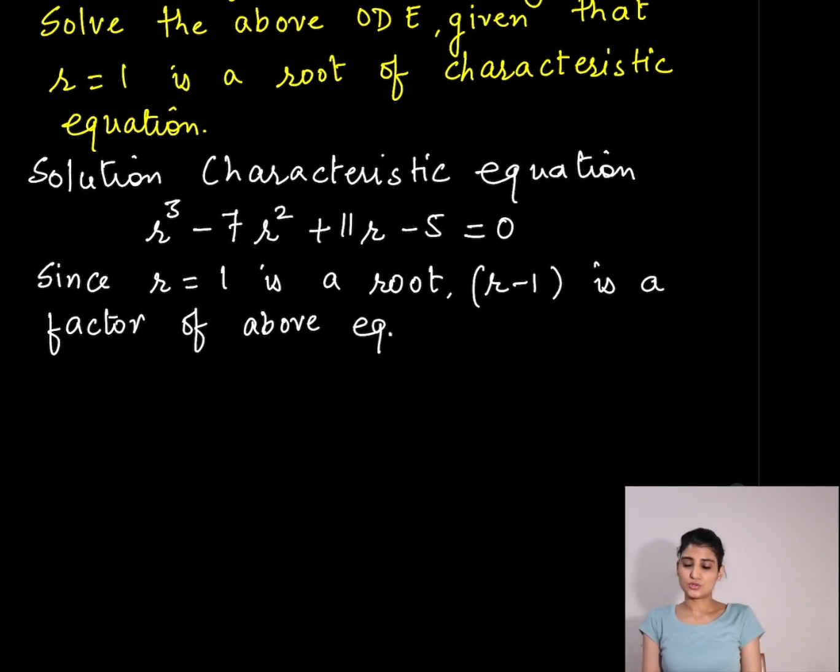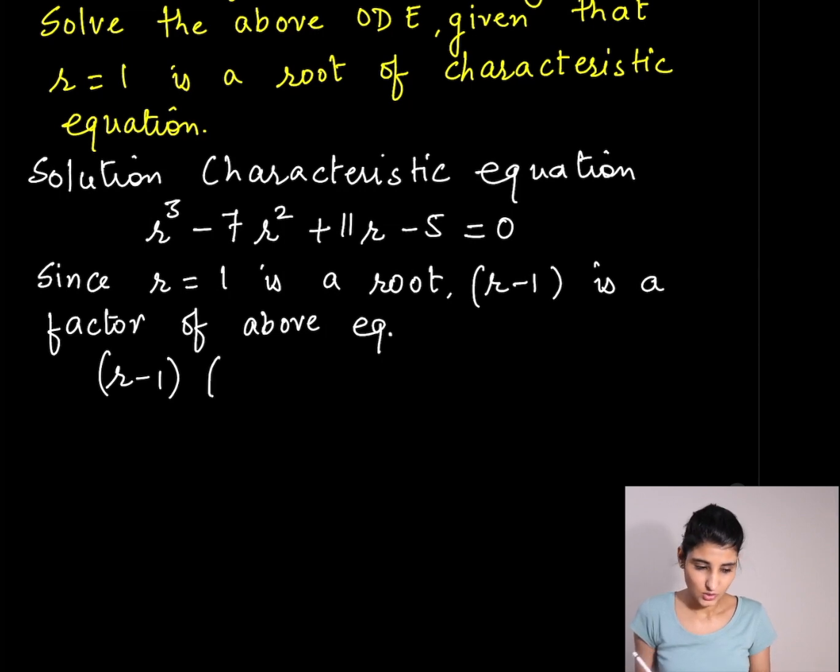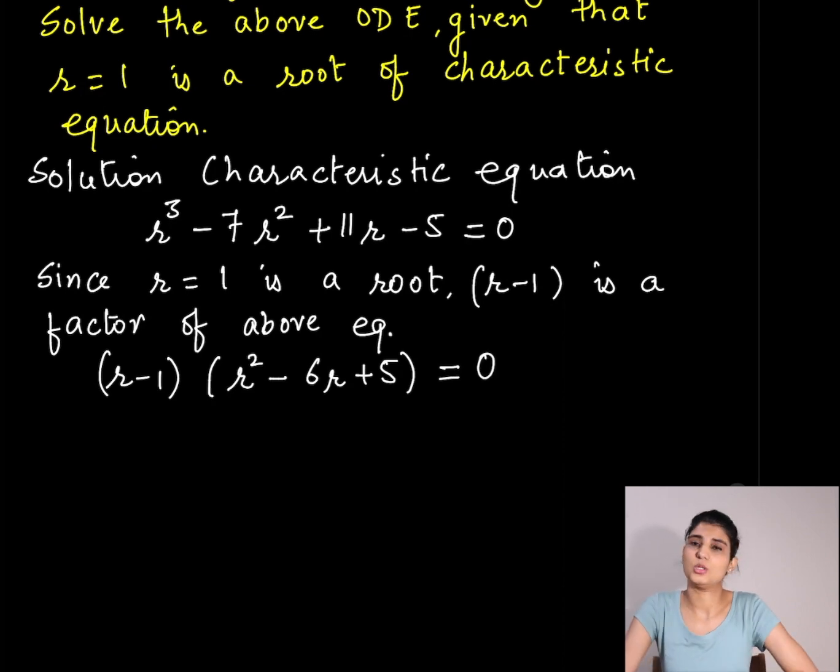So what you are going to do is, you are going to divide the equation by r minus 1. You can use long division, and the quotient is going to be your factor. So if you divide by using the long division, you will see that your quotient is going to be r square minus 6r plus 5. This is going to be your quotient.